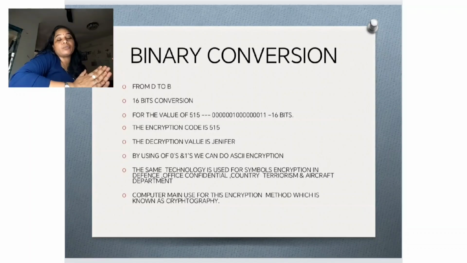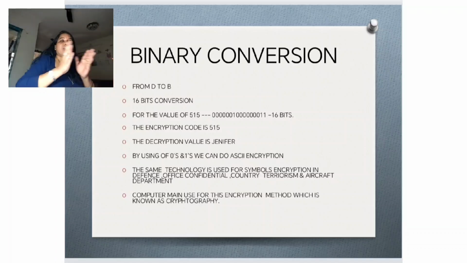They use this cryptographic technology nowadays. This is the computer encryption method, which is known as cryptography. Here you can get the answer of how to encrypt the value and decrypt the value.